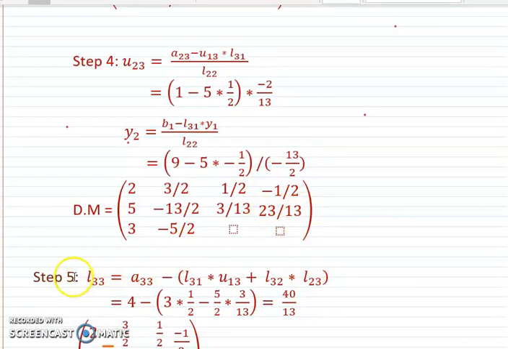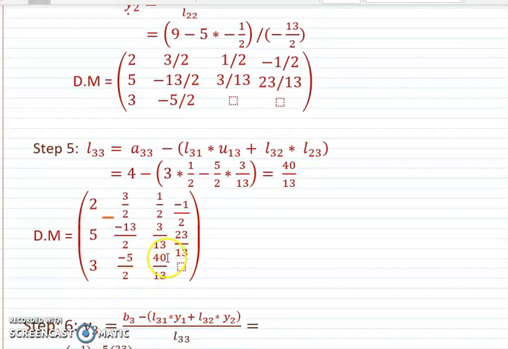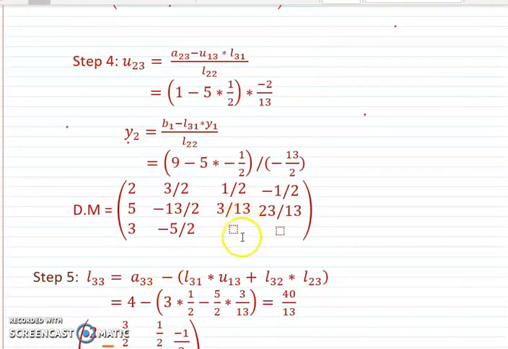The next step is step number 5. In this we calculate the remaining element of the third column. This is L33. This is calculated by first finding the sum of inner products, that is first row element 3 and first column element 1 by 2 are multiplied, added with second row element minus 5 by 2 and second column element 3 by 13.